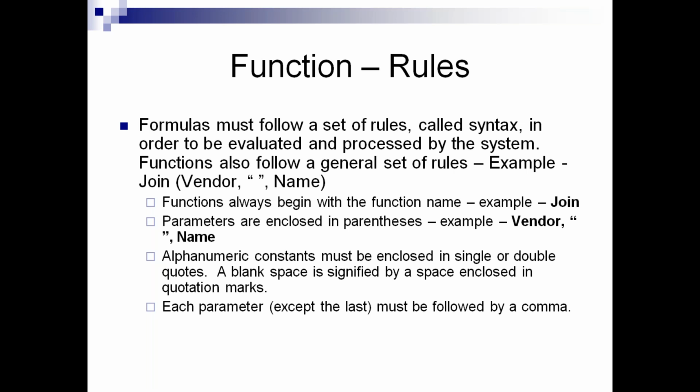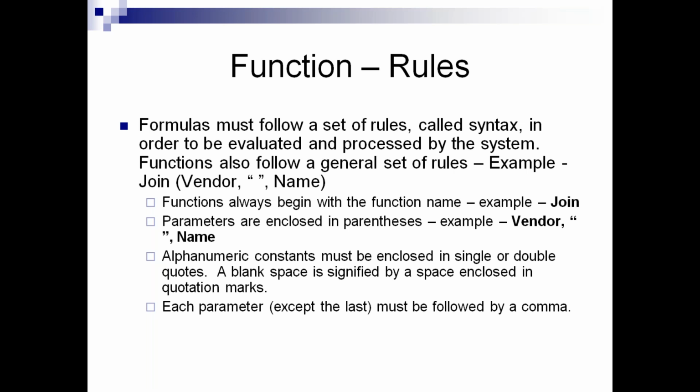If you are putting constants into the function, you need to put quotes around them. Okay, and that includes a blank space. So if I'm trying to join, which I kind of got these two mixed up, the vendor ID and their name together in one section, then that's what the example here is.